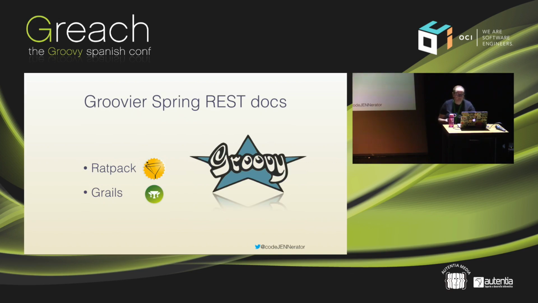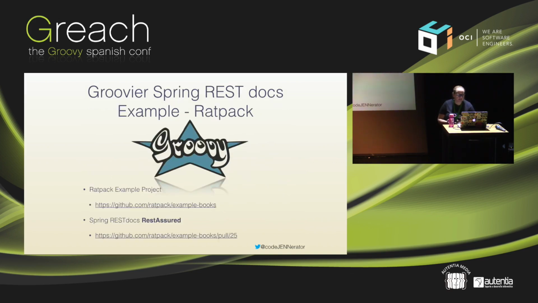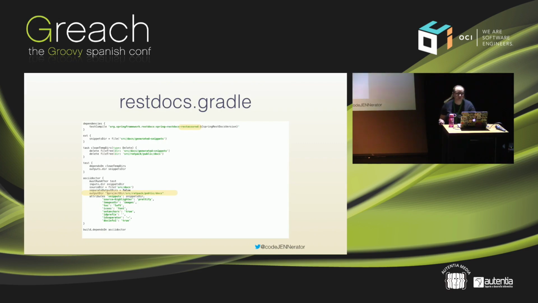So the one that I added is actually part of the sample projects for Ratpack in example books, and the links there are for the entire project as well as a little bit more of an example. It's the pull request, and so it's all of the code from that pull request. And I'm going to walk through a couple of the changes. So you of course want to make sure that you're adding the right version of Spring REST Docs.